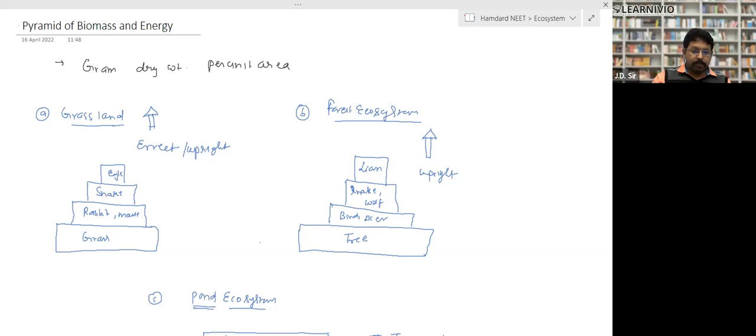When we count the biomass, the maximum biomass is of the tree, that is the banyan tree. Now the birds and deer which are dependent on that tree, their biomass is lesser. Then the snake and wolf which are dependent on these birds and deer, their biomass is lesser, and the biomass of the lion is lesser still.